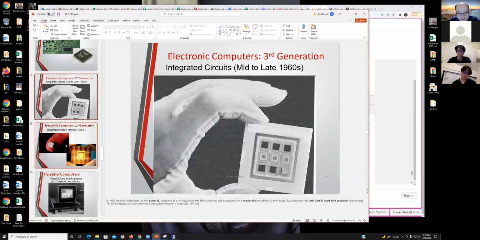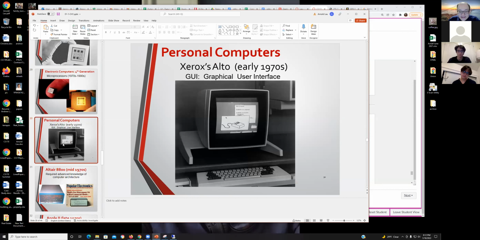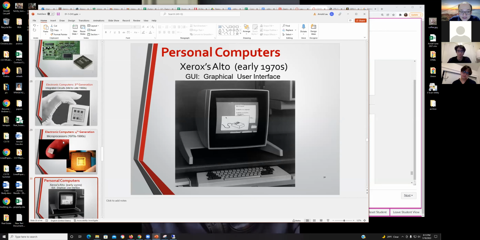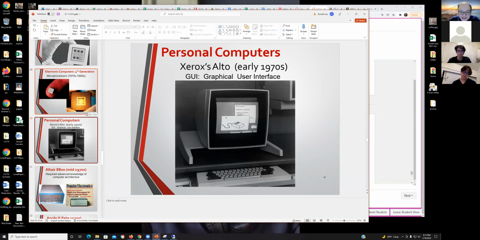Yeah, so this goes more into the integrated circuits, and you can see it's smaller and smaller. All right, so that's on the hardware side, essentially the computing chip side of things. Now there's another aspect of this, and so just understand this flow from the vacuum tubes down to the integrated circuit. Again, that's also going to be a part of your exam.